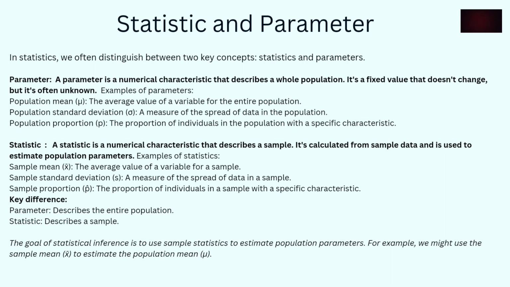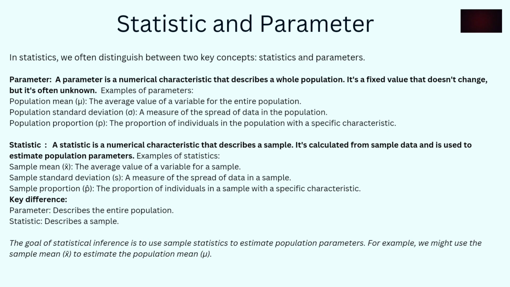Now, statistic. A statistic is a numerical characteristic that describes a sample. It is calculated from sample data and is used to estimate a population parameter. Examples are sample mean x bar, the average value of the variable for a sample. Sample standard deviation s, a measure of the spread of data in a sample.